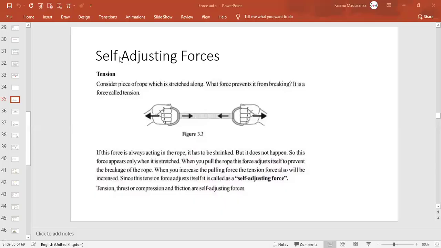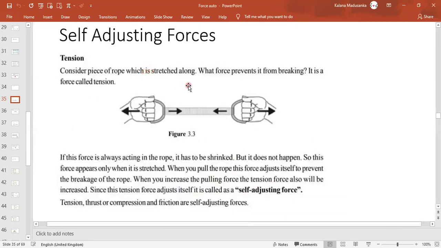Then, let me introduce the self-adjusting forces, which are a separate set of forces. As per the name, self-adjusting means when one force is applied, the other force adjusts to that same value.